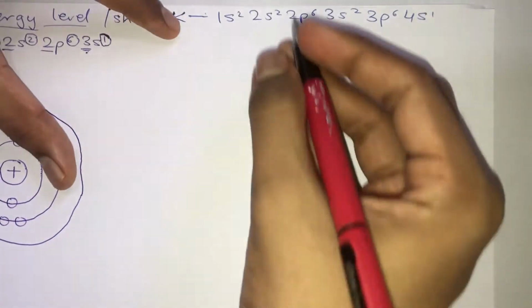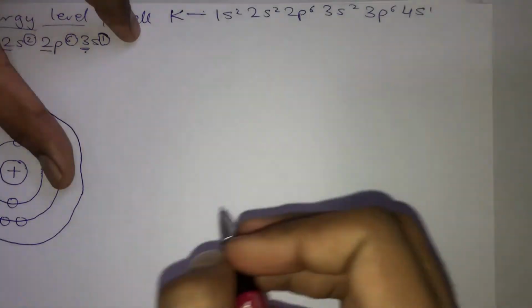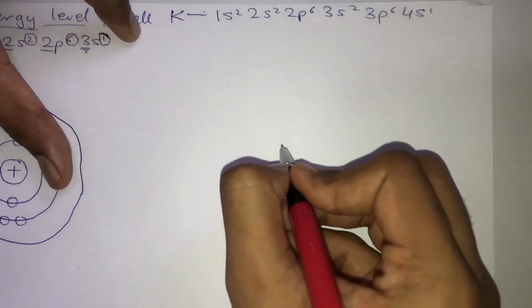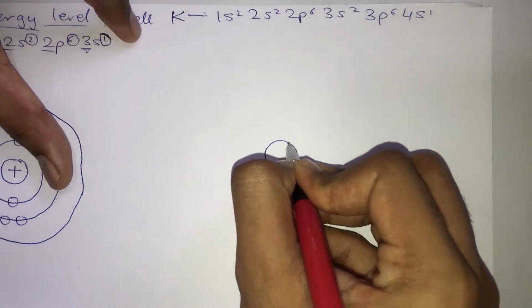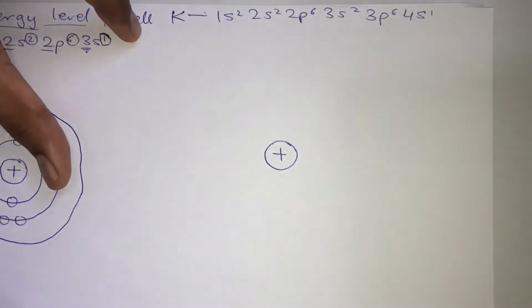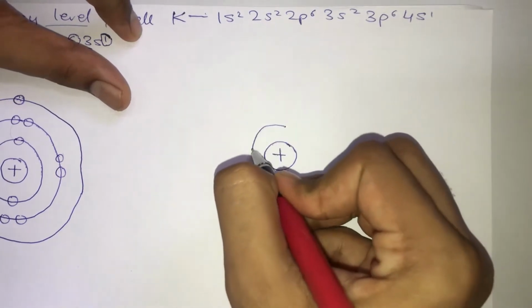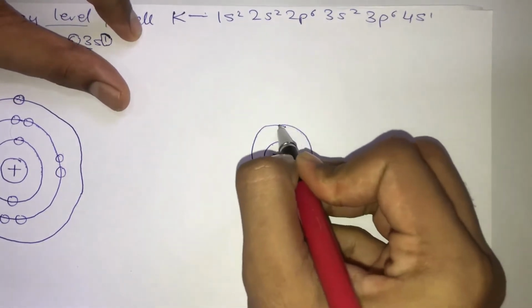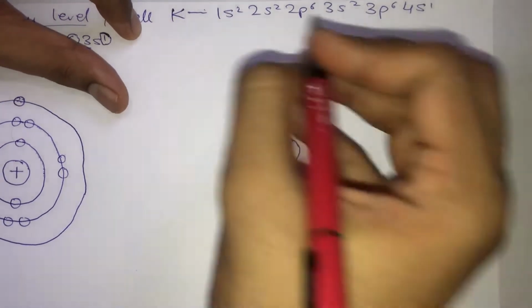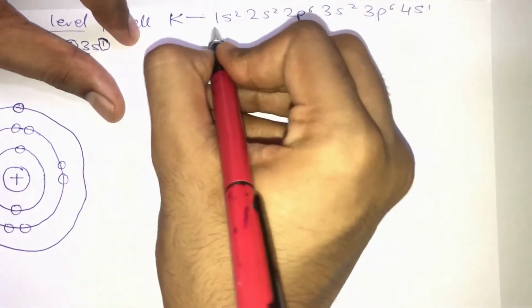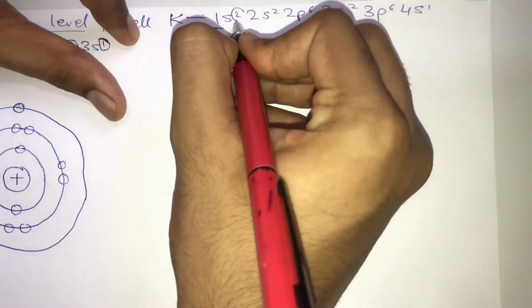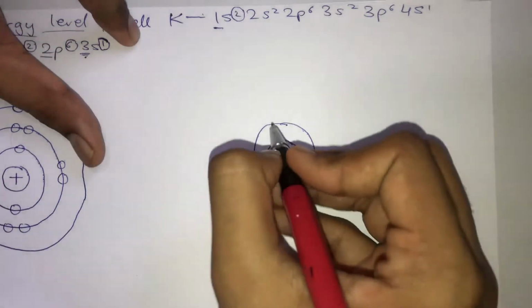First of all, if I want to show this potassium atom diagrammatically, I am going to draw a positively charged nucleus over here. Then in the first energy level there are two electrons.